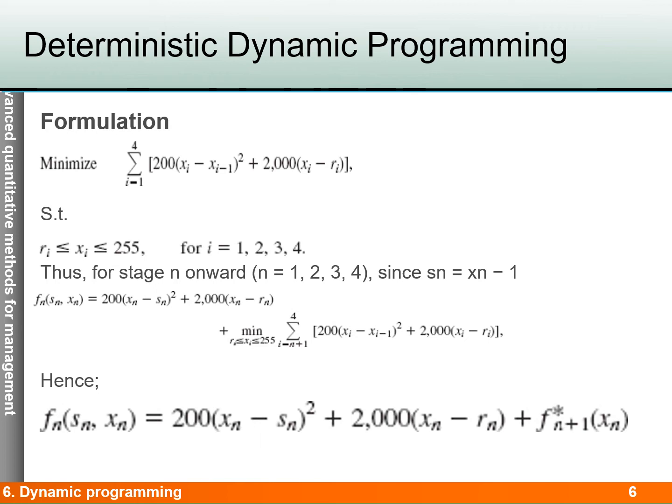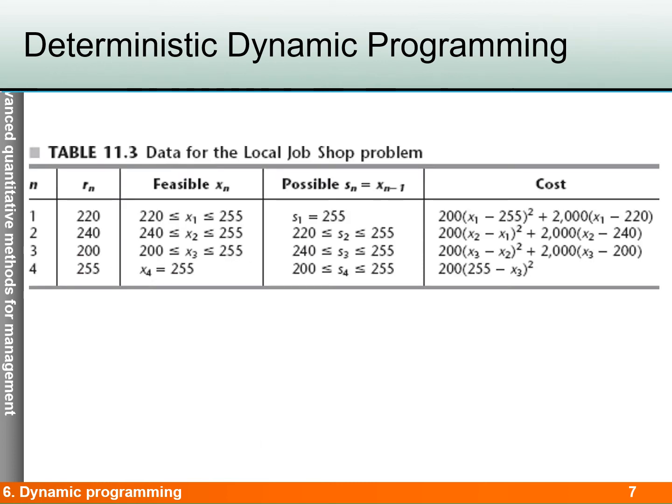Before that, let's review one table that we have in the next slide. Let's conclude and wrap up what we learned in the previous slides in this table. As you see here, we should make a decision about 4 different periods: summer, autumn, winter, and spring. These Rn are the minimums that we have in our table: 220, 240, 200, and 255.